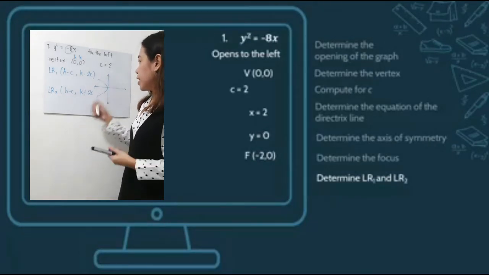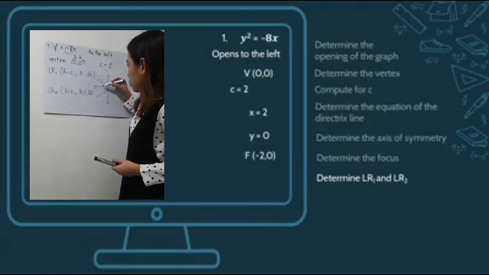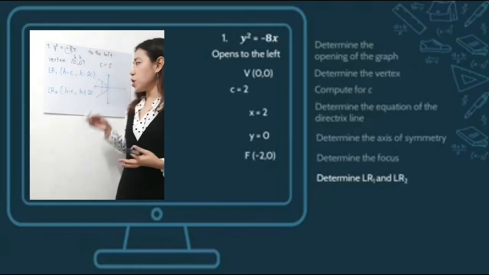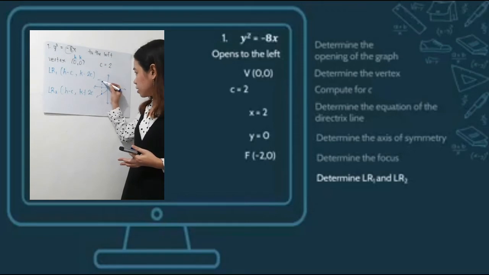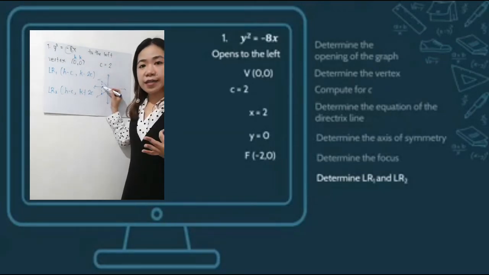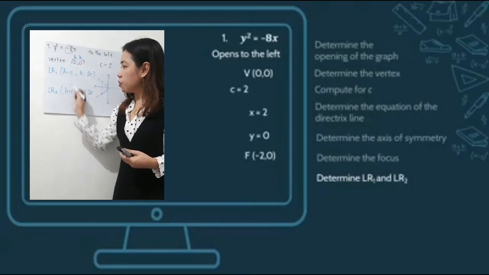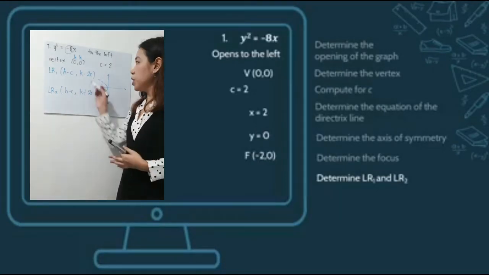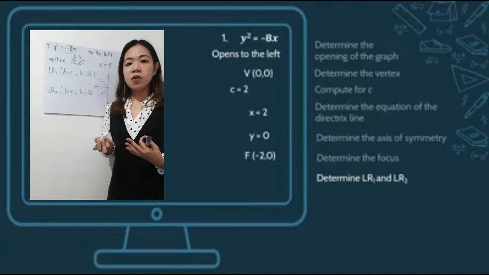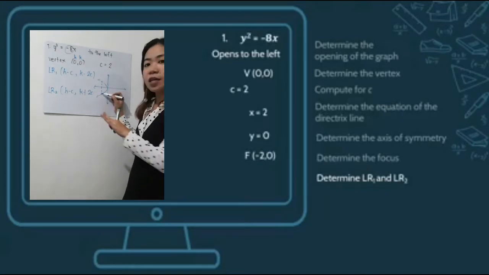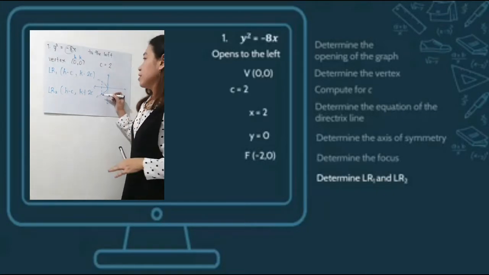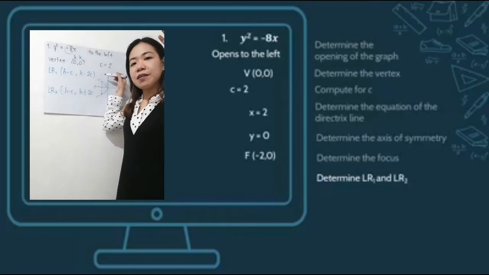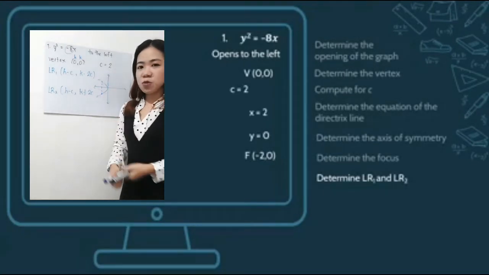The latus rectum is this line segment, which means it will not be moving in terms of x. That's why the formulas both have h minus c for the x coordinate. But we will be adjusting the y coordinate because one is located down here, and the other is located up there.